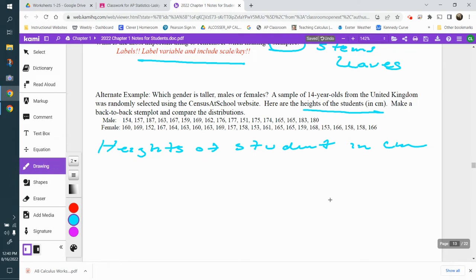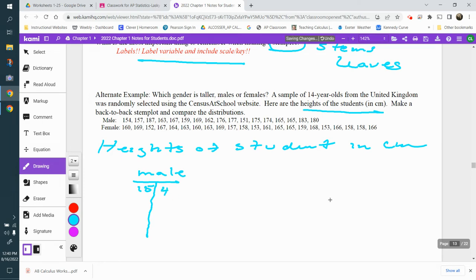So I take this here and I go, this is the males. Let's go male. Okay, I go male and I say, okay, I have 154. I make the stem 15 and I make the leaf 4.